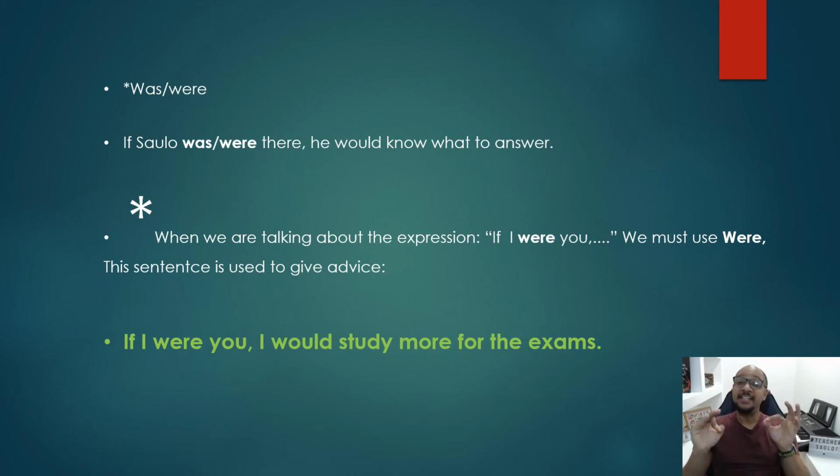So, in the second conditional, pay attention, okay? Don't use this all the time. In the second conditional, we use were instead of was, or we can use was, no problem, not a big deal. We can use both. In all other cases, I was sick in the simple past, but I can't say I were sick in the simple past.